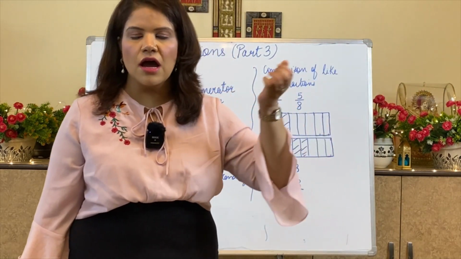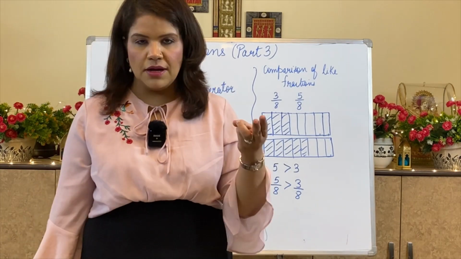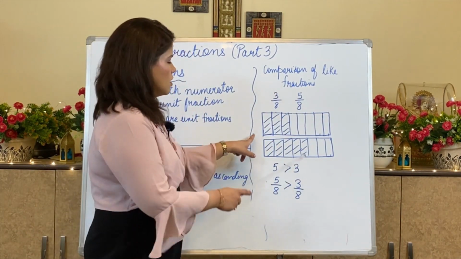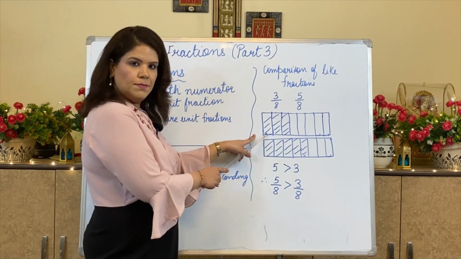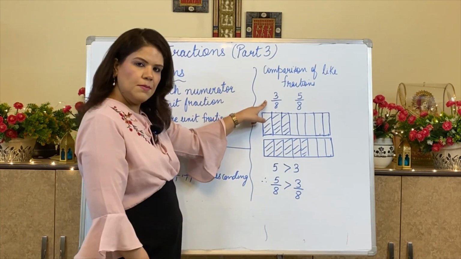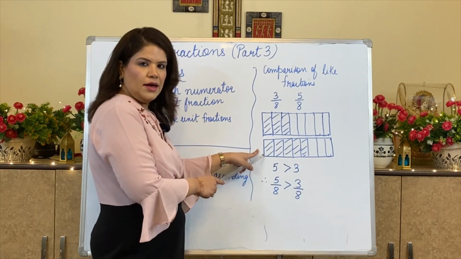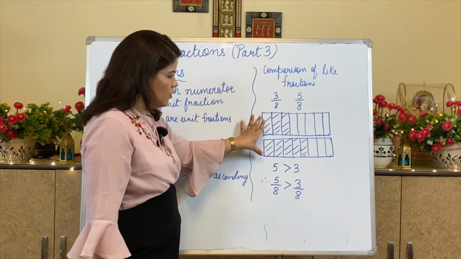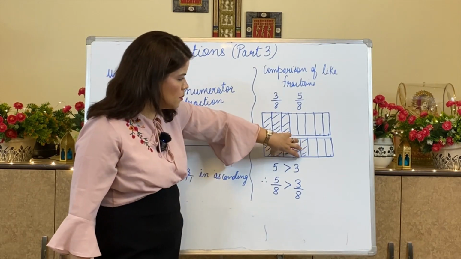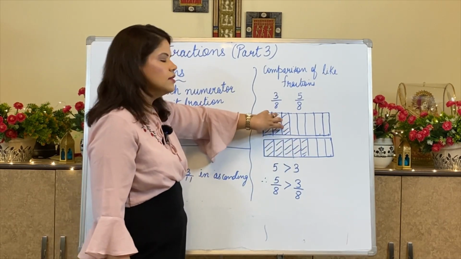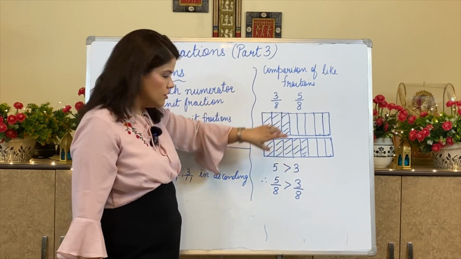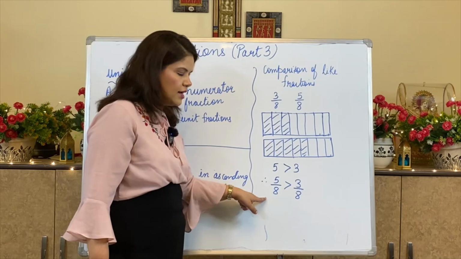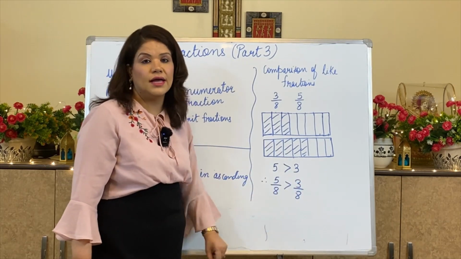How many parts do I have to take out of 8? 3 parts. And for 5 by 8, I have to take 5 parts. Here I am taking 3 parts as the shaded part to represent 3 by 8. Here I am taking 5 parts to represent 5 by 8. Clearly you can see that this part is more than this part. 5 is greater than 3. That means 5 by 8 is greater than 3 by 8.